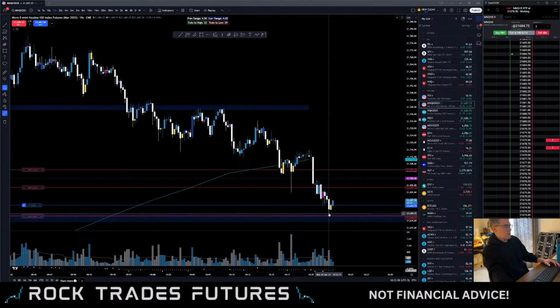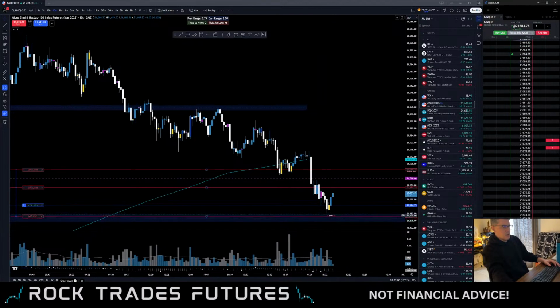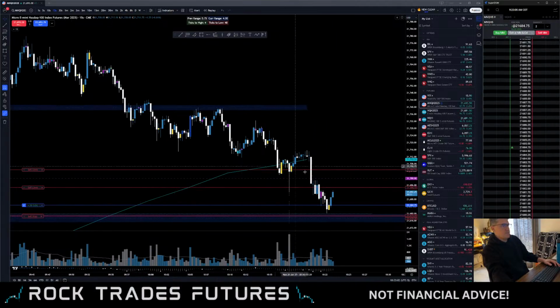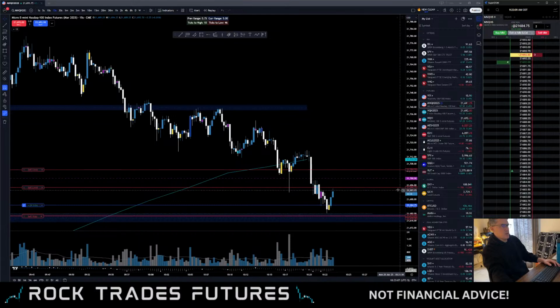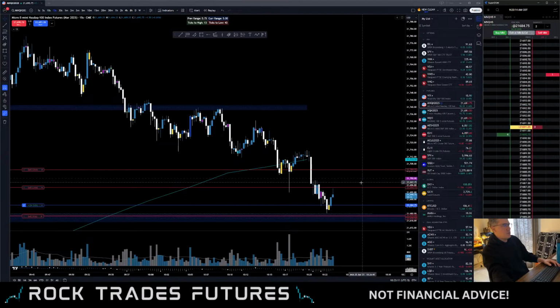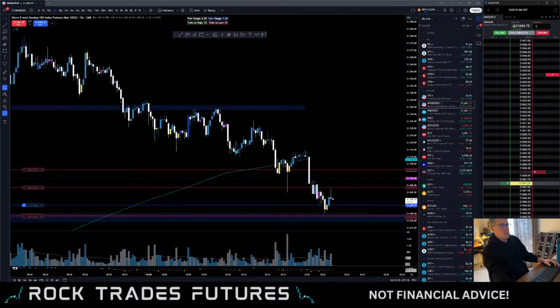So Hive yesterday, inside up close bar. Big push off. Looks like almost some type of baby exhaustion kind of a situation here. Missed my first order by 2 ticks now. That's how they've been doing me lately.